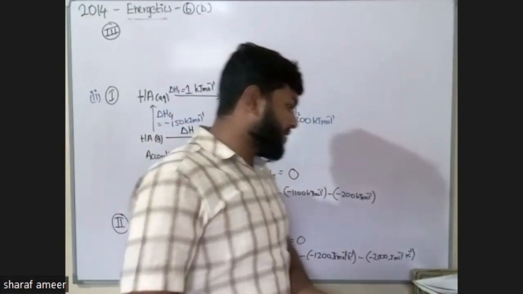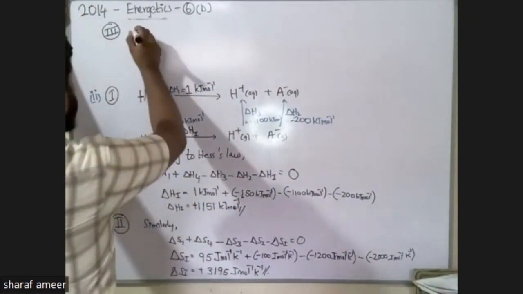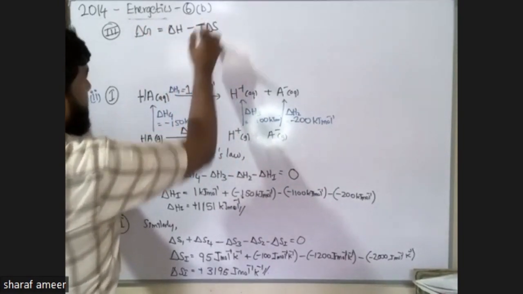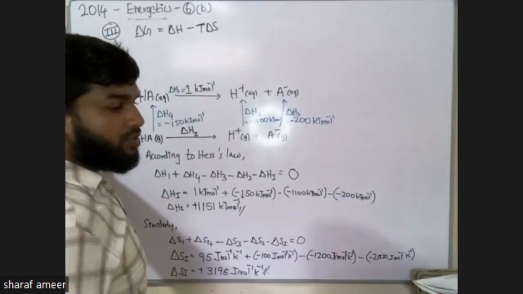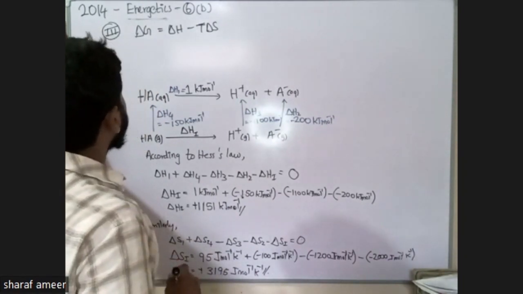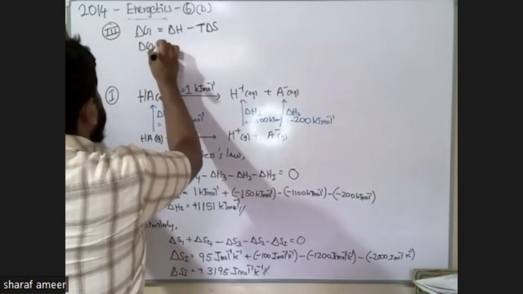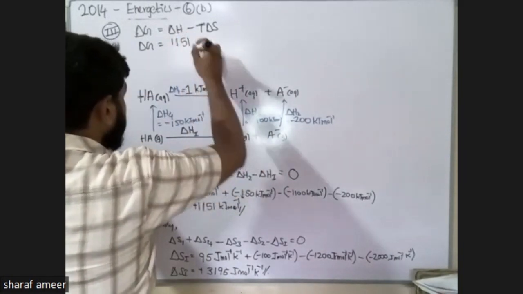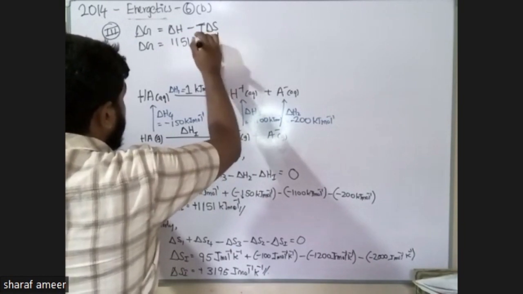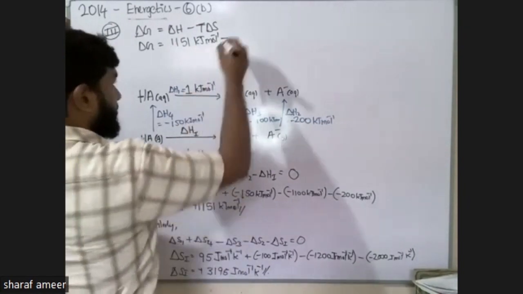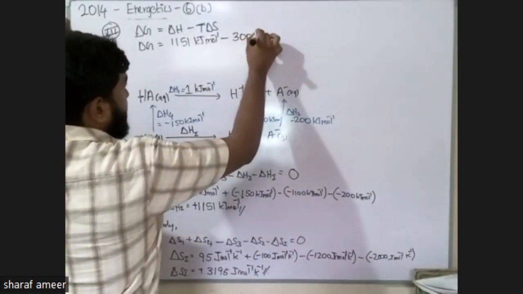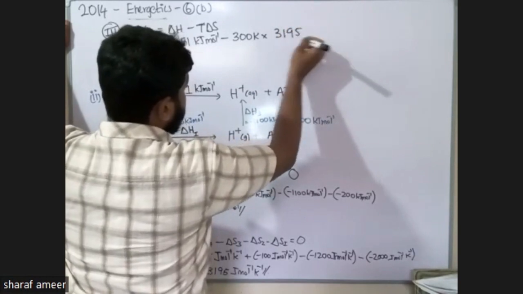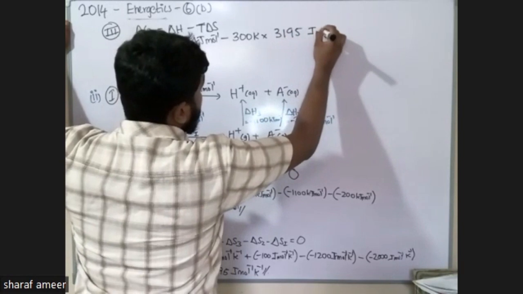Gibbs energy change at 300 Kelvin. Right. Now you know the equation delta G is equal to delta H minus T into delta S. Now delta G is equal to, now you know delta H. Delta H is 1151 kilojoule mole minus 1 minus, now temperature, Kelvin temperature is 300 Kelvin into delta S 3195 is in joules per mole per Kelvin.